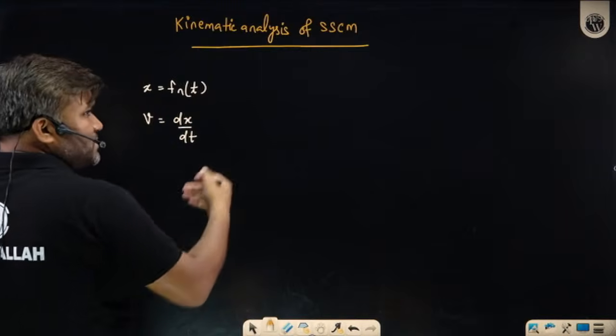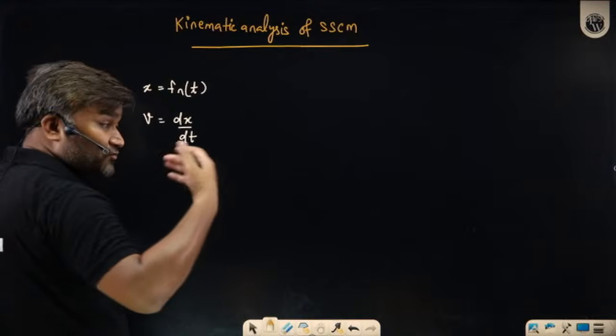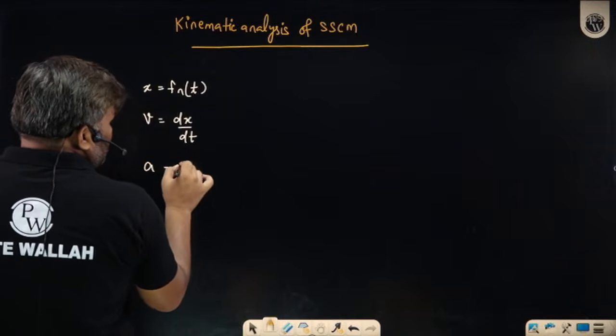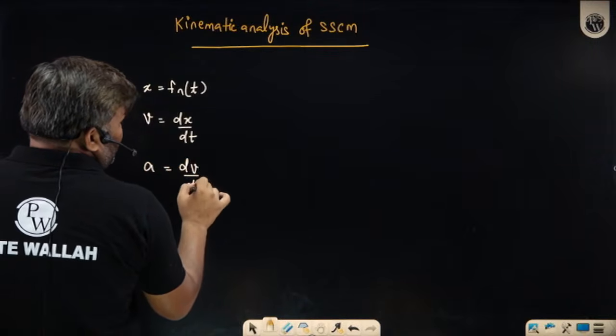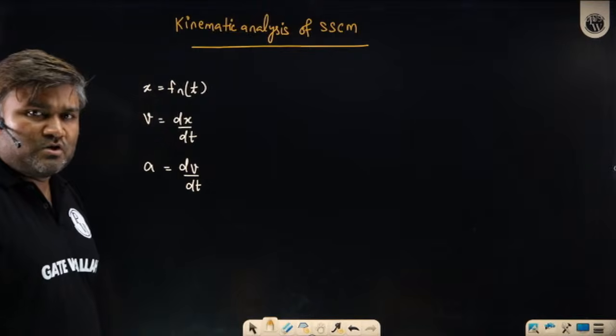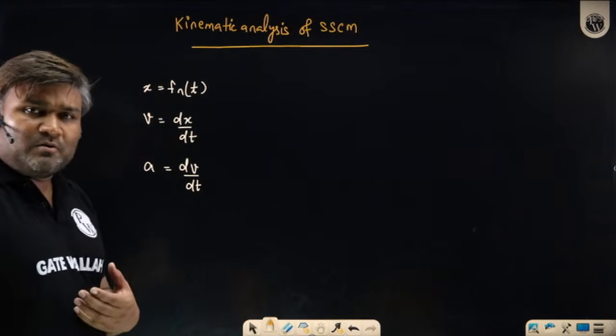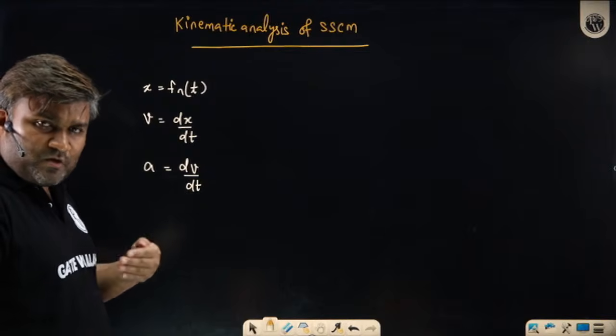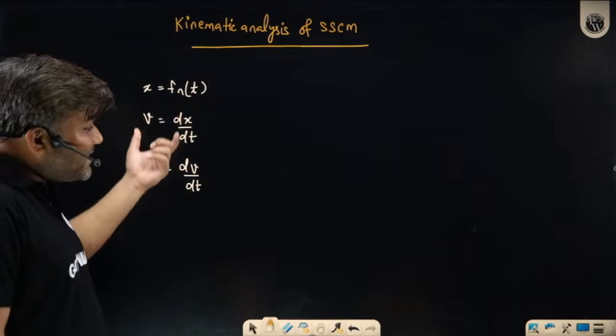If velocity is also a function of time, then for acceleration, dv by dt, rate of change of velocity is nothing but acceleration. By this method we can find out velocities, accelerations, everything. Kinematic analysis means this.